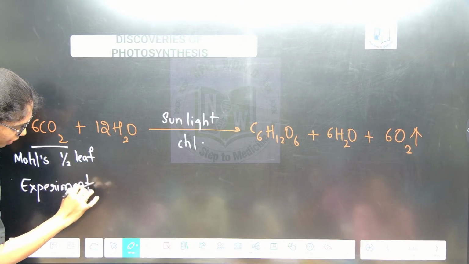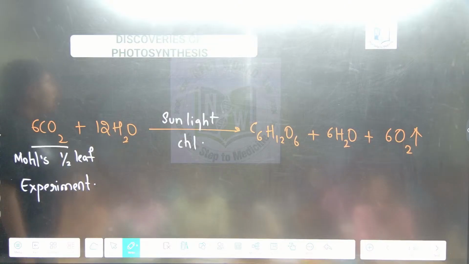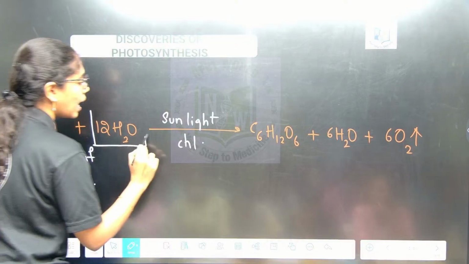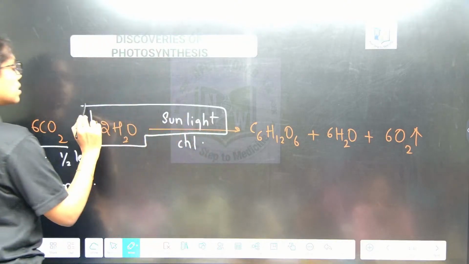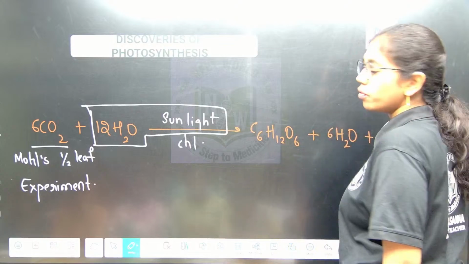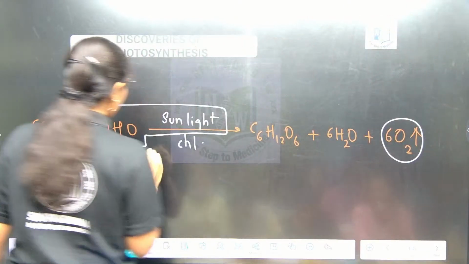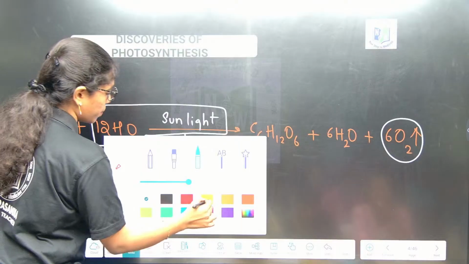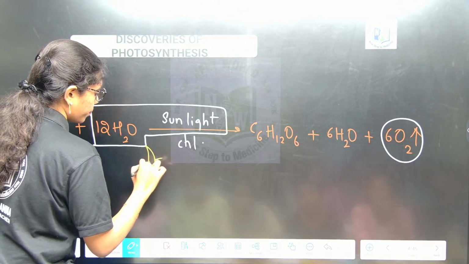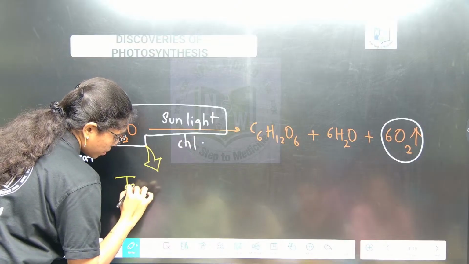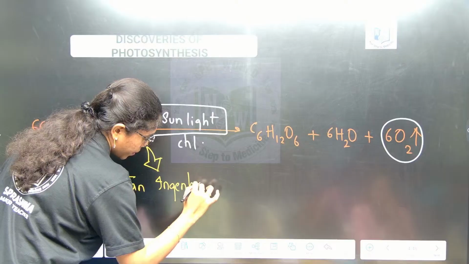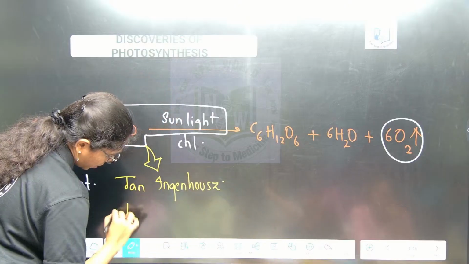And who is the scientist who said that water and sunlight are essential for photosynthesis and oxygen is evolved from the process of photosynthesis? This is by Jan Ingenhousz, the Hydrilla experiment.